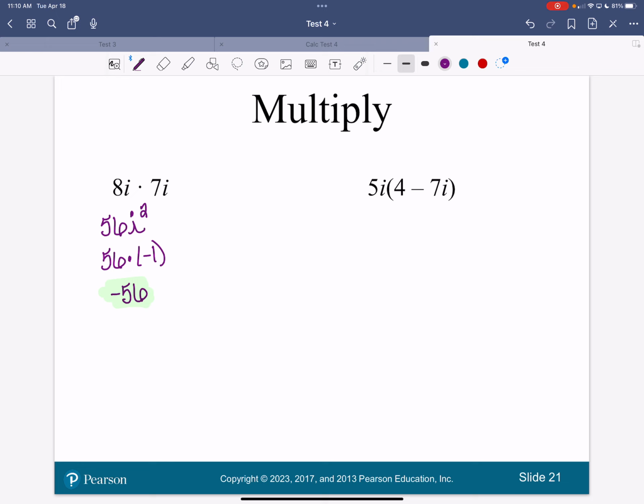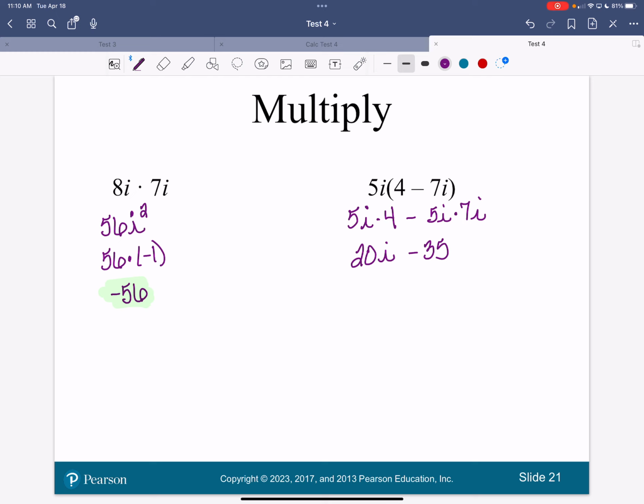So I have 5i times 4. Then I have minus 5i times 7i. 5i times 4 is going to be 20i. Minus 5i times 7i. 5 times 7 is 35, and we've got our negative right there because that's part of the problem.